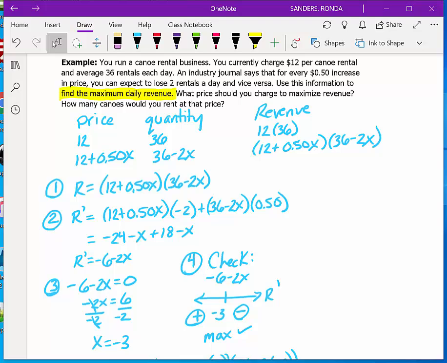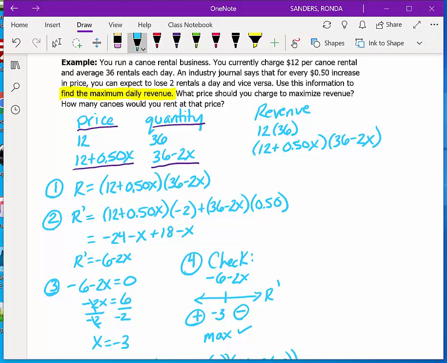Our next question says, what price should you charge to maximize revenue, and how many canoes would you rent at that price? Notice that for price, we have an equation, and also for quantity, we have an equation.